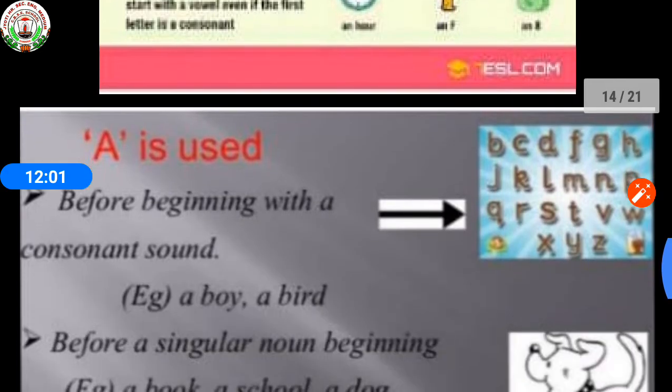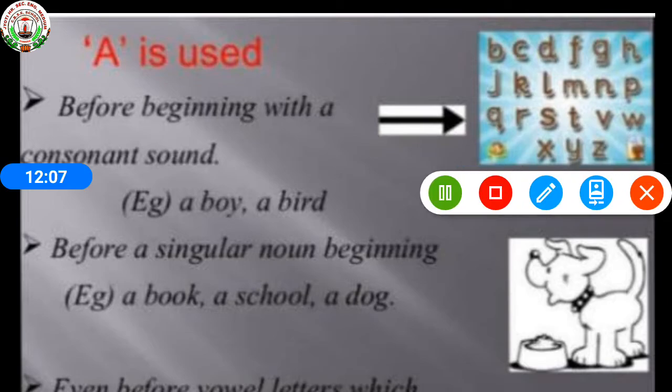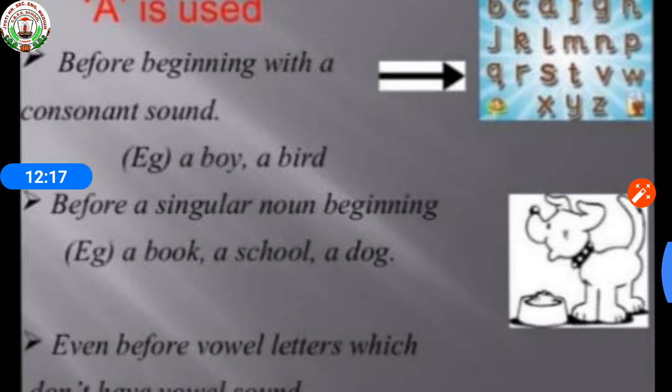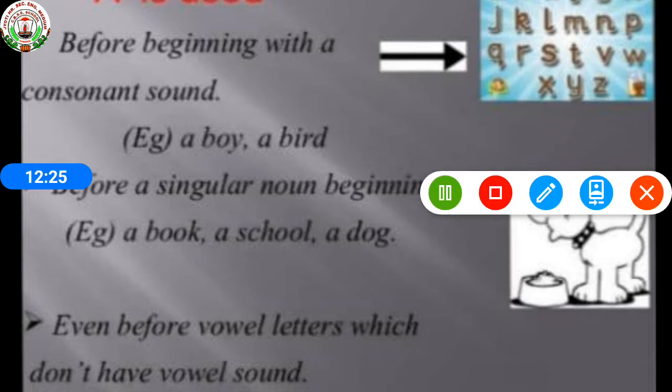So now we understand that a is used before words beginning with a consonant sound. For example, a boy, a bird. A is used before a singular noun beginning.